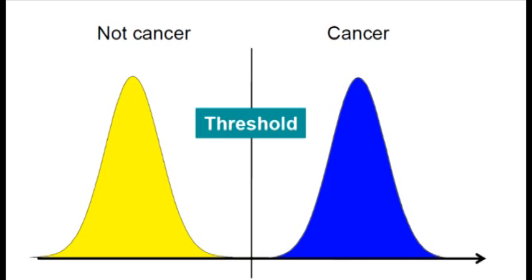When you measure that, people that don't have cancer will have a distribution of those findings. Not everyone has exactly the same value. There's a distribution of values of whatever parameter you're measuring in patients that have cancer.